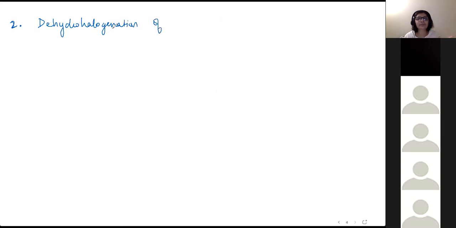If you wanted to prepare alkenes by dehydrohalogenation, you just needed to remove one hydrogen atom and one halogen atom, which means you could get it from alkyl halides. But if you want to prepare an alkyne by dehydrohalogenation, what reactant would you need in this case?